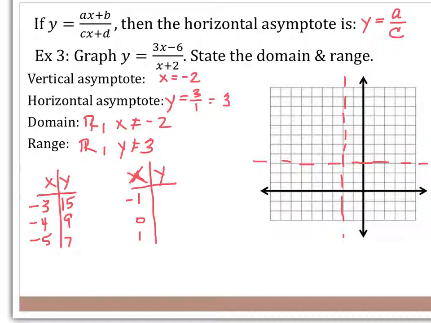Okay, so as you can see, we have some pretty large numbers for our y values, but that's okay. We're going to graph them closely, but I'm going to graph this with a scale of 2 instead of a scale of 1 so that it will all fit.